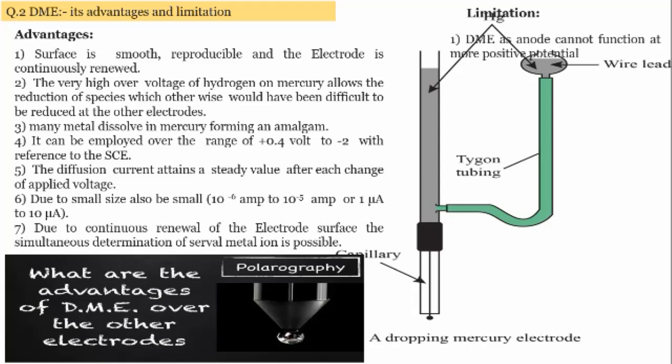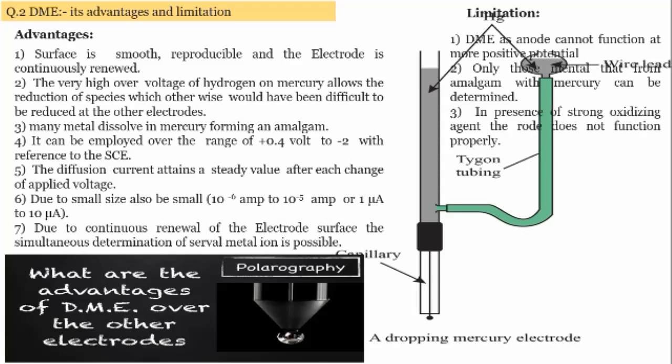DME as an anode cannot function at more positive potential. Only those metals that form an amalgam with mercury can be determined. In the presence of strong oxidizing agents, this electrode does not function properly. Mercury and its vapors are extremely poisonous.